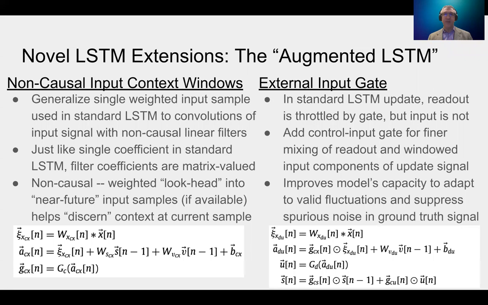The purpose of the non-causal input context windows is to improve the system's capability to discern the context at the current sample via a look ahead into the near future samples of the external input signal if they are available.